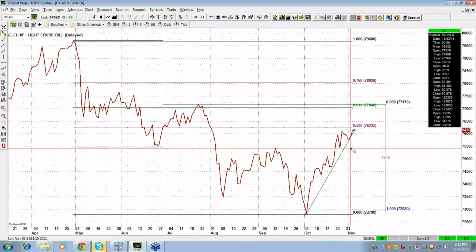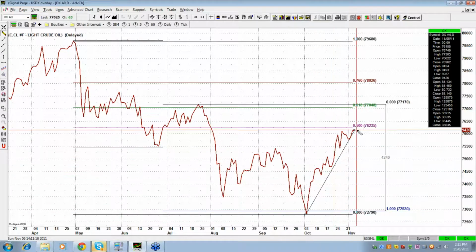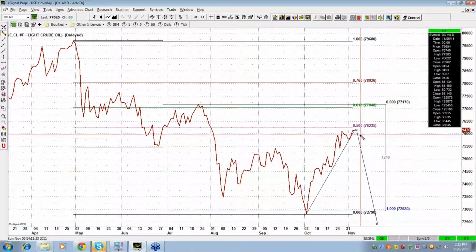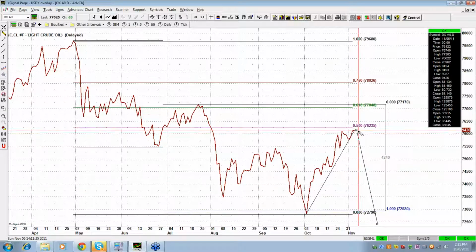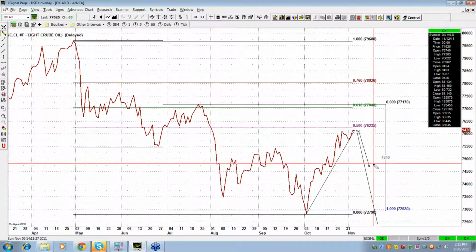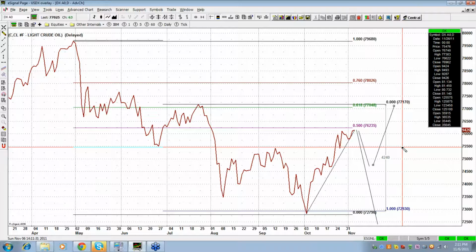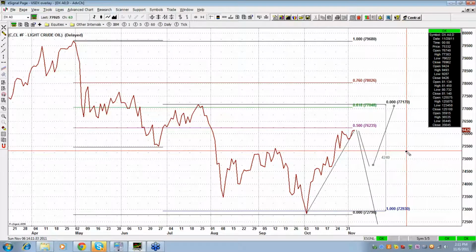So technically, if this is a three-wave move, then oil is going to do this. If this is not a three-wave move, then oil is going to do this, and it's going to keep going higher to the next level. That's as simple as I can present it.